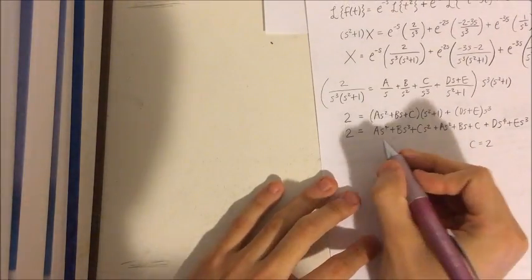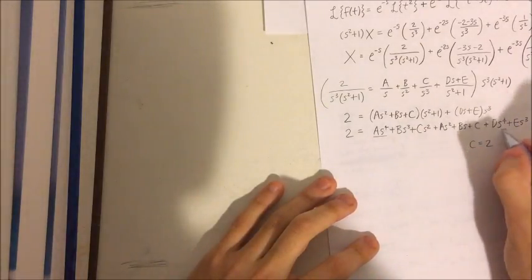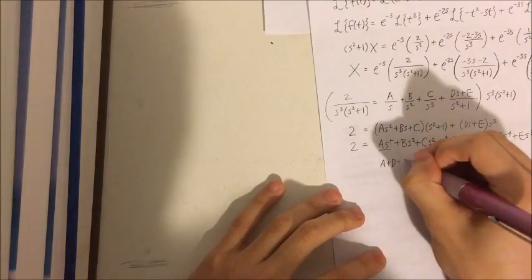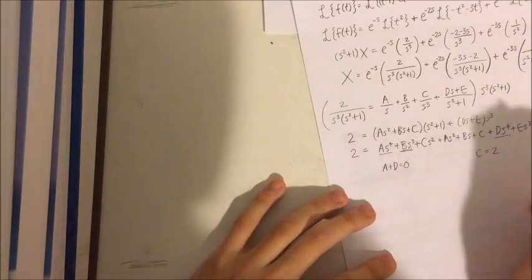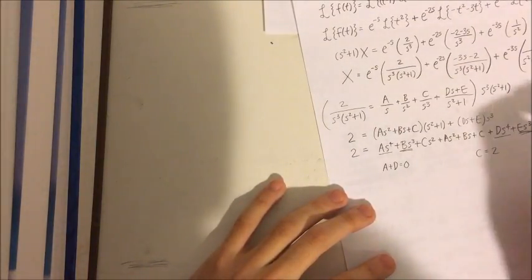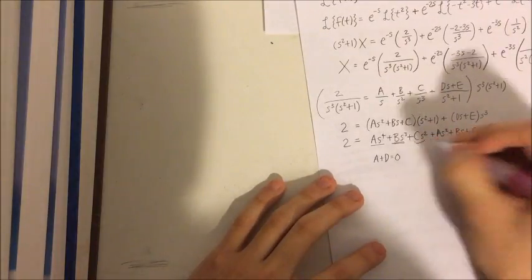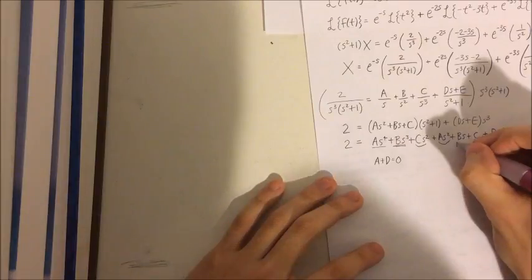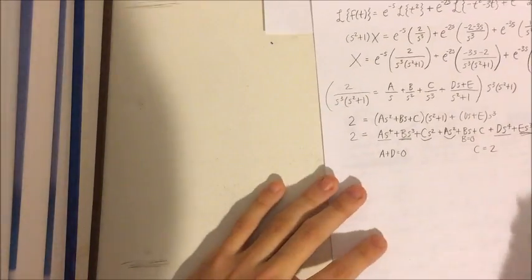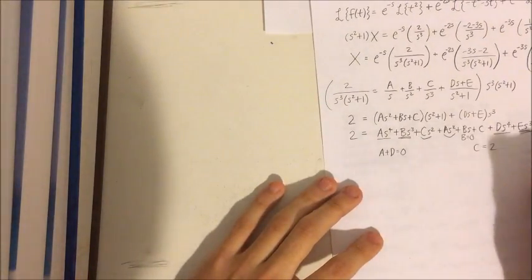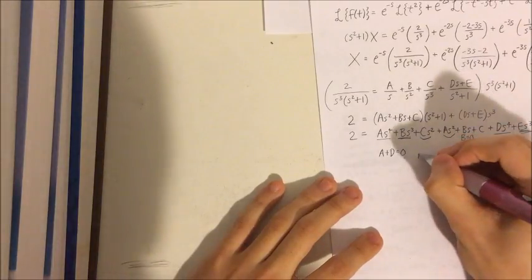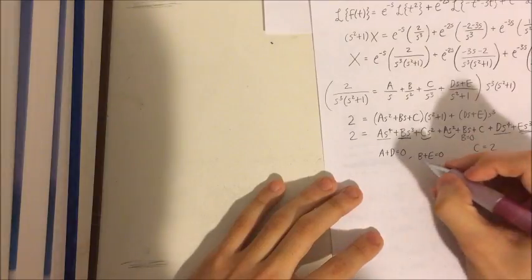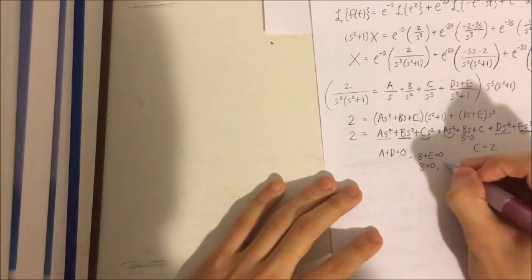Let's collect the like powers. This is the fourths, a and d. So we know that a plus d equals 0. The cubes over here. These are the squares. And this is a single b, so b equals 0. B is equal to 0, so b plus e is equal to 0, where b equals 0. So e equals 0.